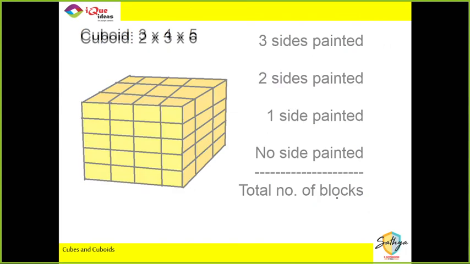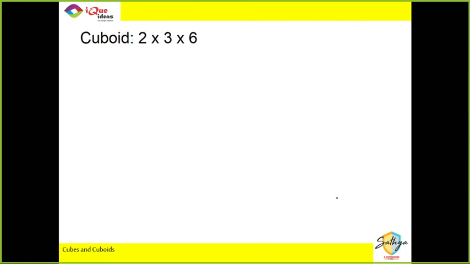चलो, now tell me, for a 2 multiplied by 3 multiplied by 6 का cuboid, what are my statistics? And be careful, this is a tricky one. 2 multiplied by 3 multiplied by 6.